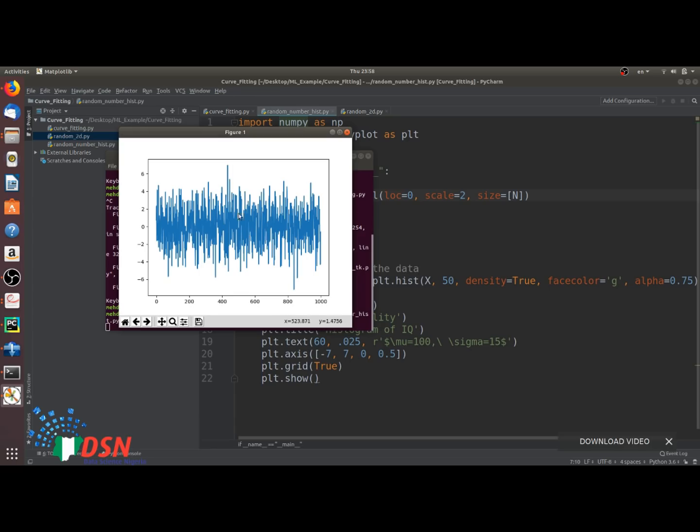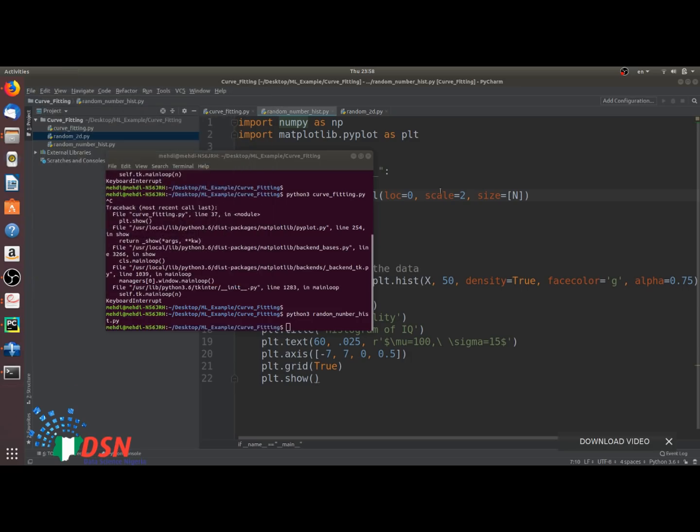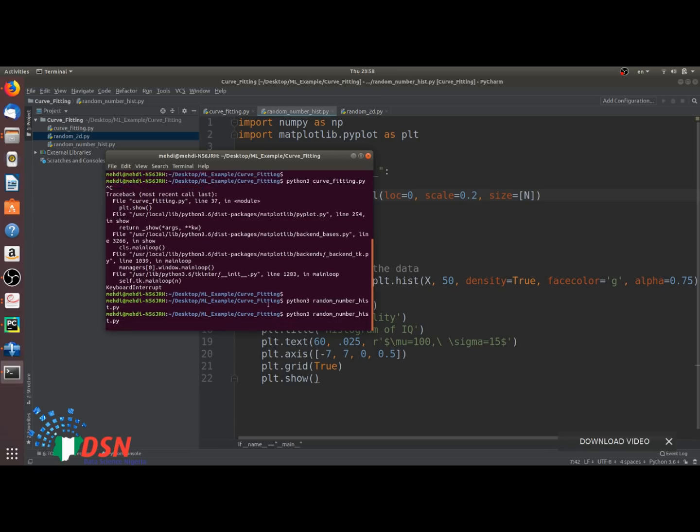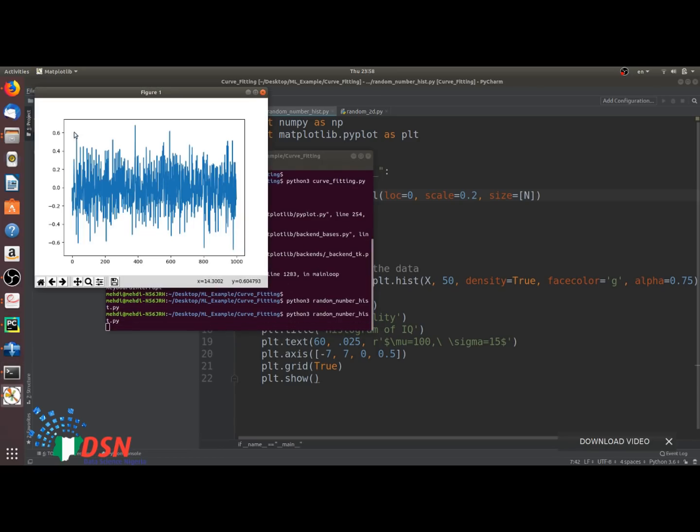If we increase the scale or decrease the scale, the fluctuations change. Let me put that to 0.2. Okay, as you could see, the scale is reduced in here, so the fluctuations are decreased in this signal.